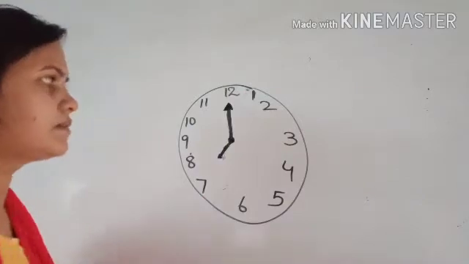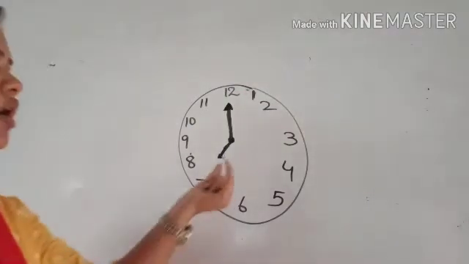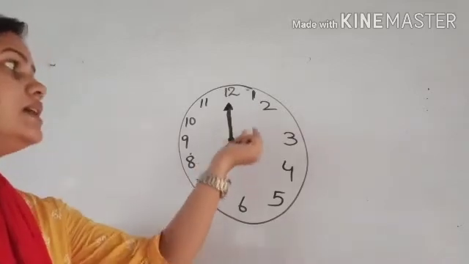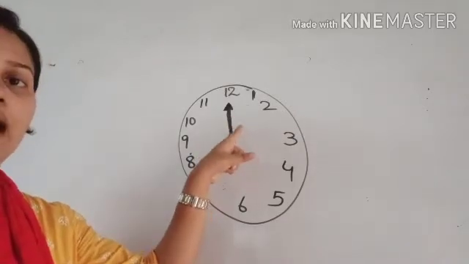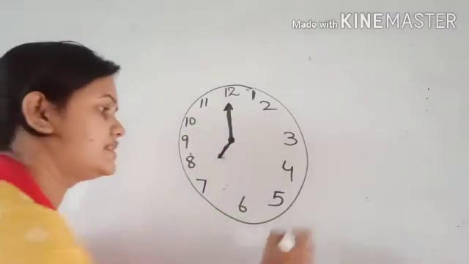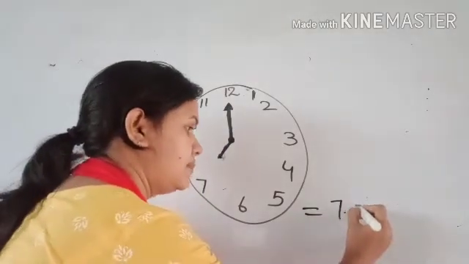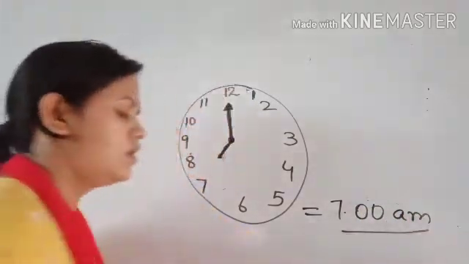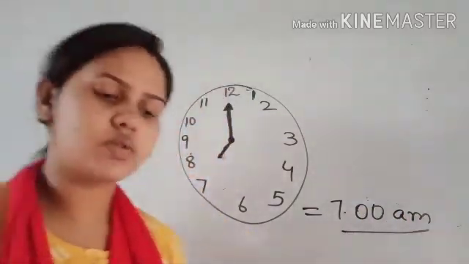So you can see that the small hand on 7 shows the hour time and the big hand goes to the minutes. Very simple, we can see at which time you go when you take your school bus.